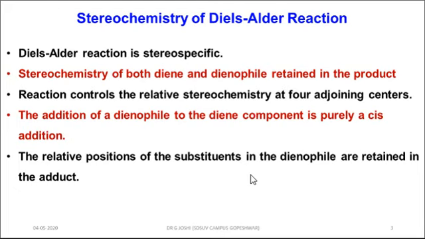Substituents that are trans in dienophile remain trans in the product, and the addition of a dienophile to the diene component is purely cis addition or syn addition. Also, the relative positions of substituents in the dienophile are retained in the product.